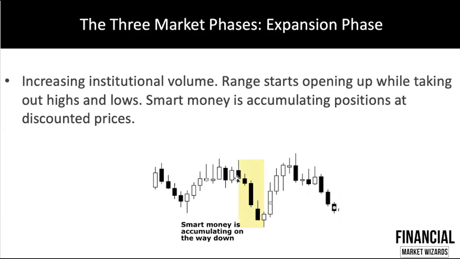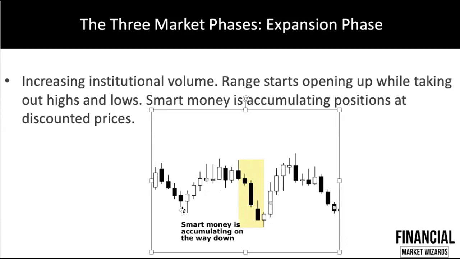The range starts opening up. You can see that this candle body is a big candle body now. You don't really see doji candles, and it starts taking out the highs and lows. This low was taken out, this low was taken out. In this phase, a lot of retail traders follow the trend.